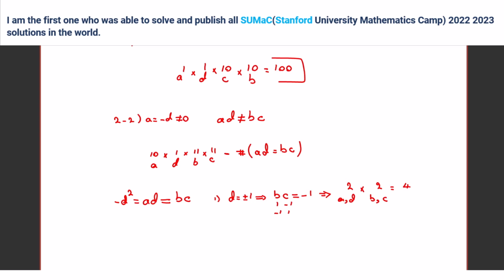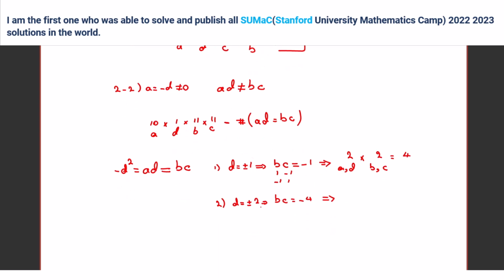Now if you consider the next case, D is equal to plus minus 2. Then BC is equal to negative 4. Calculate how many cases we have here. 2 times 6 because of the D cases.